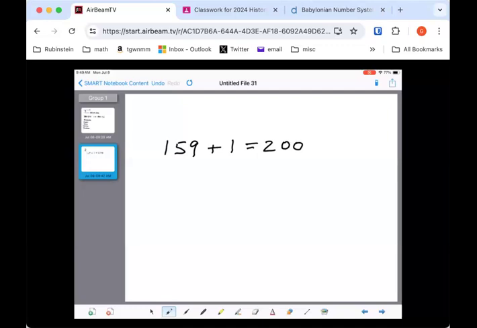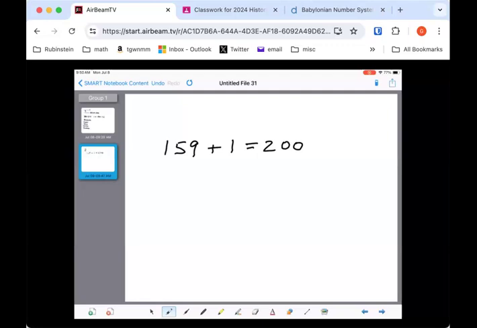Anyone want to take a fun guess? If you need $200, well, it would be good if you have 159 and can get one more, you would have 200. But how?